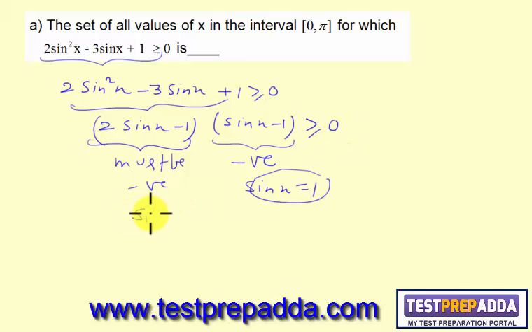So sin x must be less than or equal to half. Got it? So basically we have to find the solutions for sin x less than or equal to half and sin x equal to 1 for the set of all values of x.